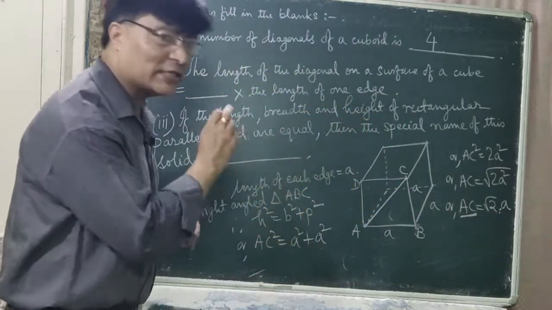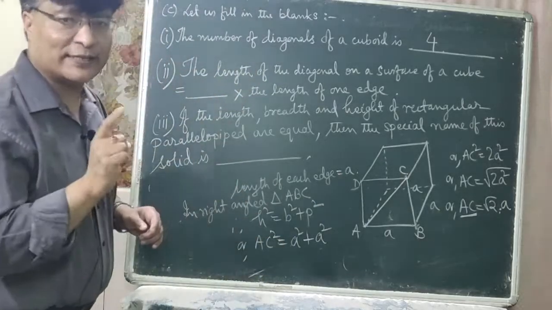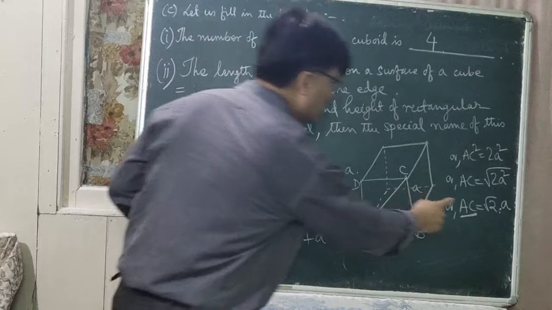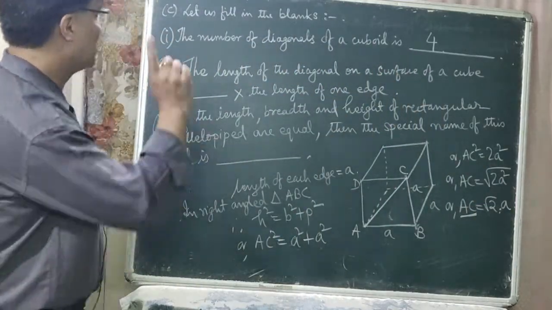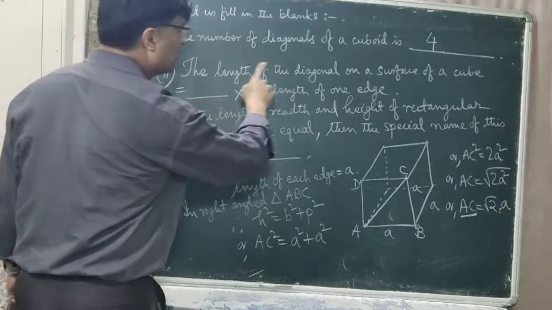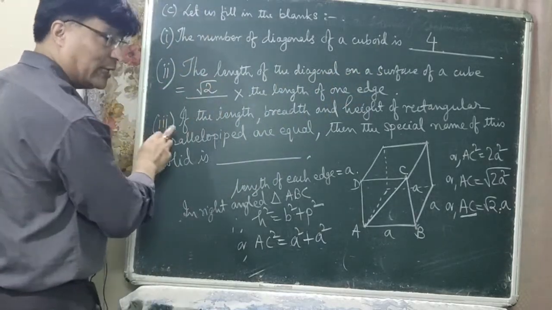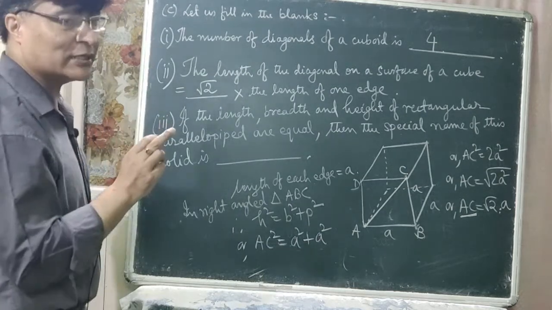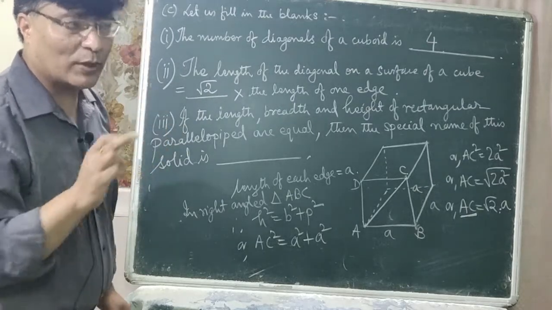त यो AC भनेको नै के हो? Length of the diagonal on a surface of a cube. So which is equal to √2 into length of each edge or length of one edge. So what is the answer here? The length of the diagonal on a surface of a cube is equal to √2 हुन्छ है, √3 हुँदैन त्यो। √3 into length of one edge क्यूबमा diagonal बुझ्यो? क्यूबमा what is the length of the diagonal?